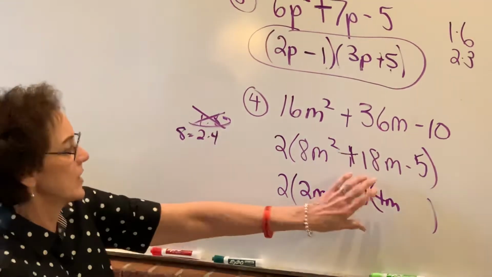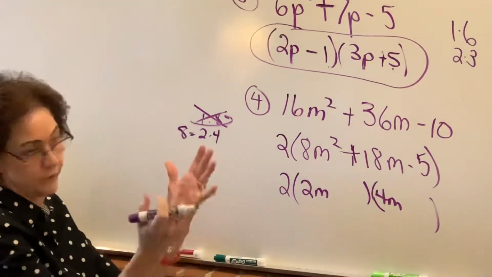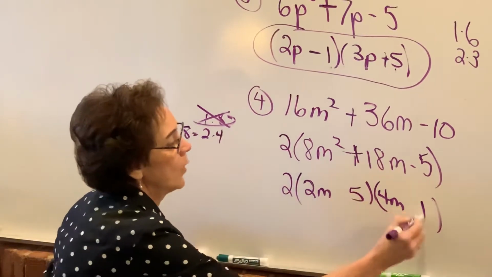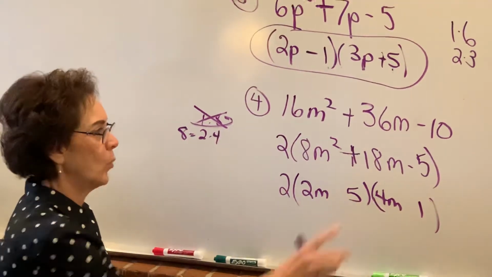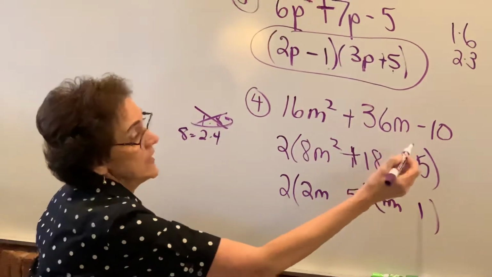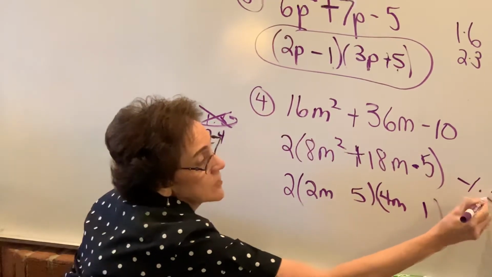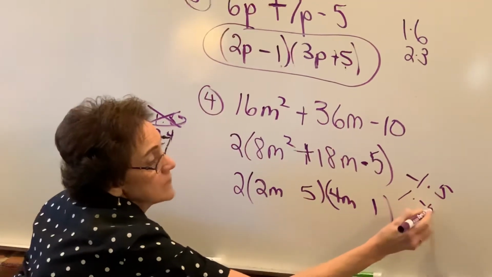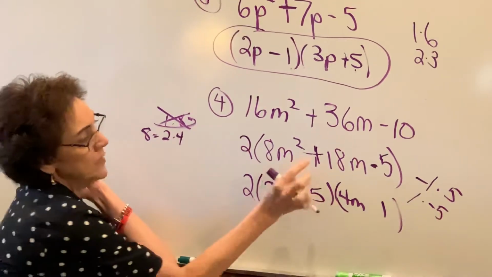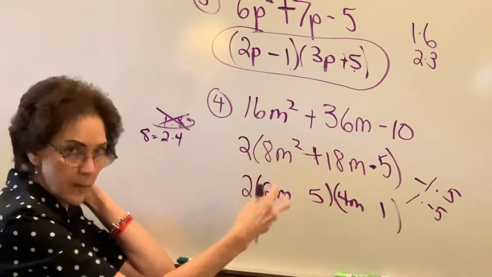So now we've got to try to get this 18 in the middle. So you just have to take a chance. We'll just put 5 and 1. Now the only problem is 1 has to be positive and 1 has to be negative, okay? Because it is a -5. So -1 times 5 or 1 times -5. But I will give you a little hint. When you've got a positive in the middle, you know you want your bigger quantity to be positive.